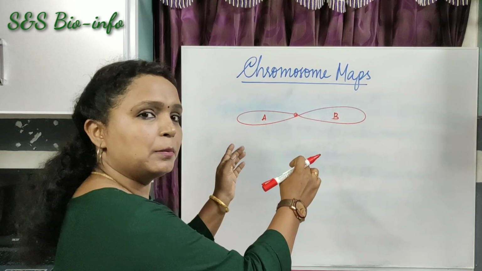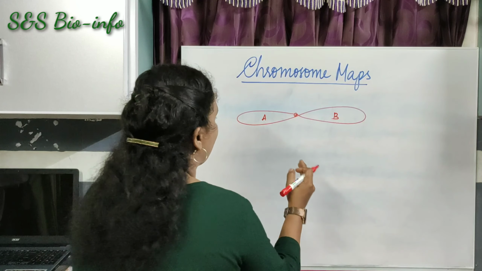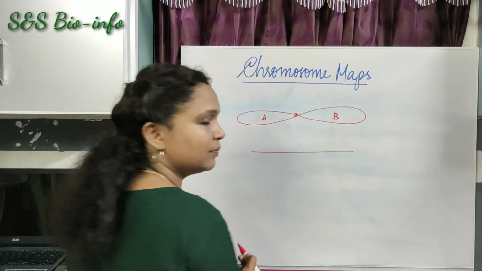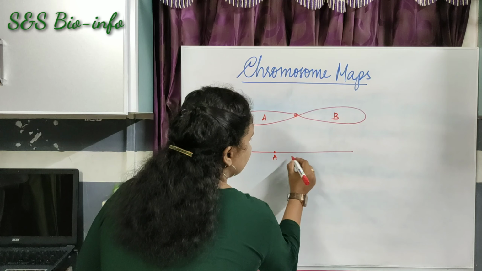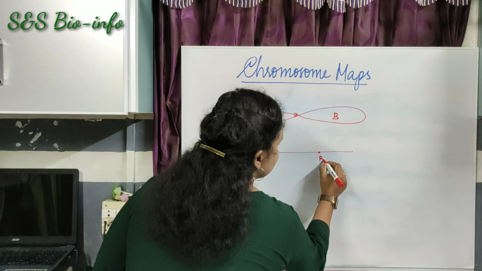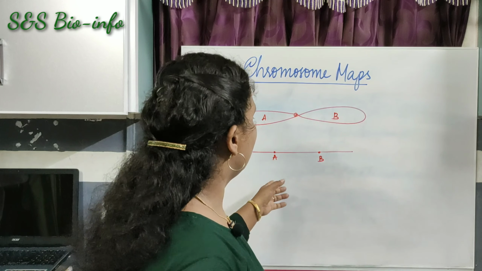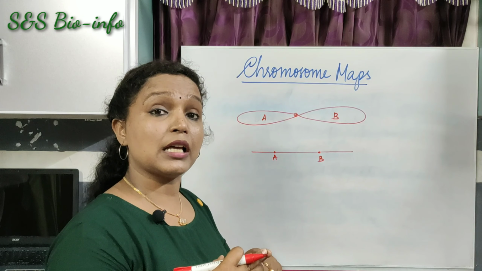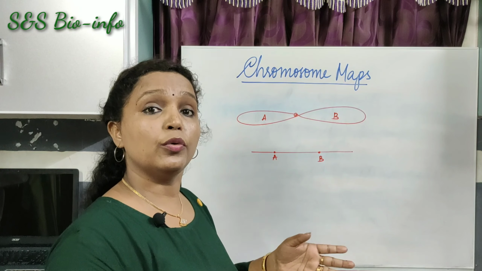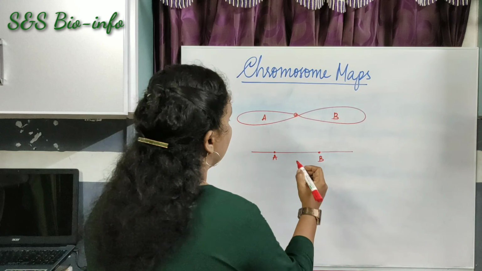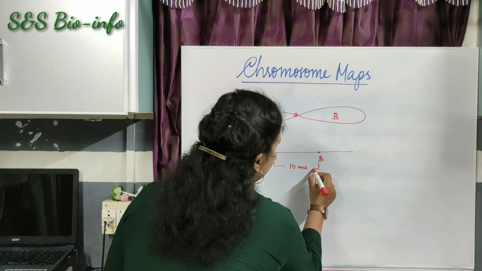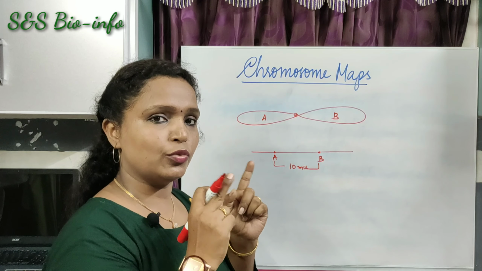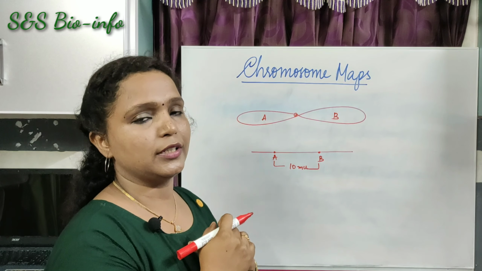It can be represented as a chromosome map like this, a linear arrangement of genes. If these two genes are 10 map units apart, the distance between these two genes is 10 map units.